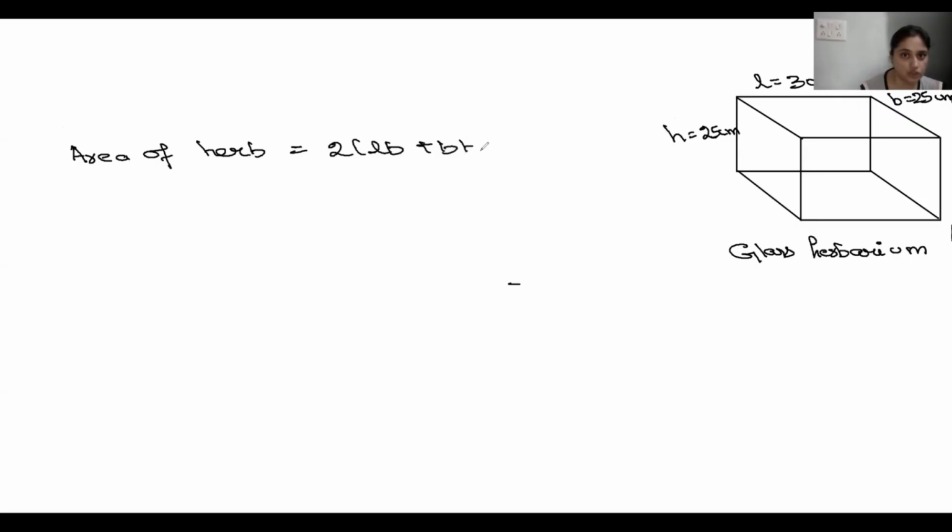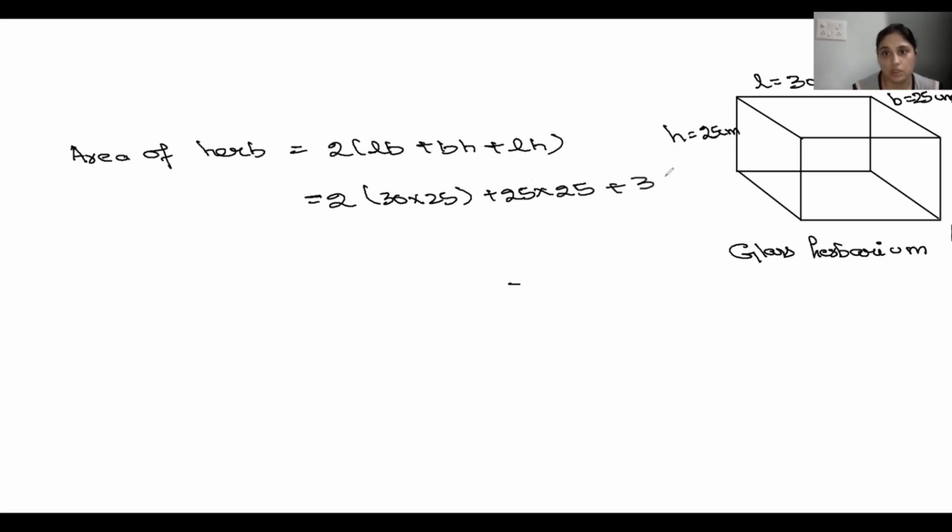plus BH plus LH. So this is 2 times LB क्या है? 30 into 25 plus 25 into 25 plus LH, 30 into 25. ठीक है? So let us start with this.